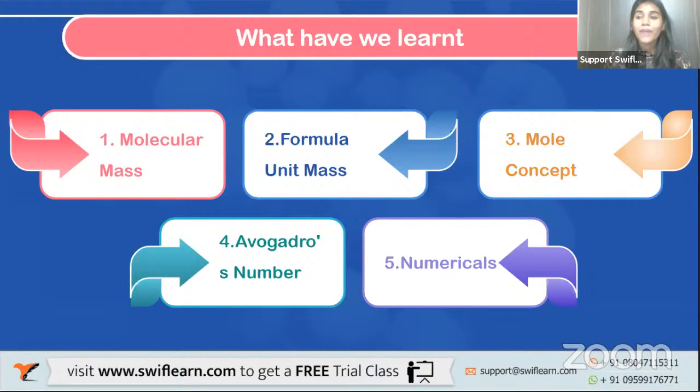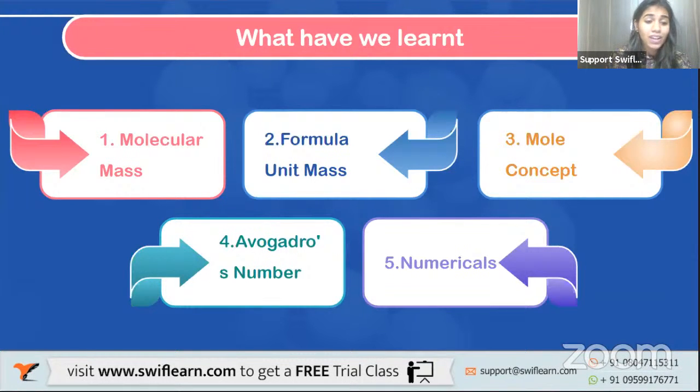So now if I go to a shop and I ask the shopkeeper to give me Avogadro number of oranges, how many oranges will he give me? The shopkeeper will give me 6.022 into 10 raised to 23 oranges in my hand. Clear?